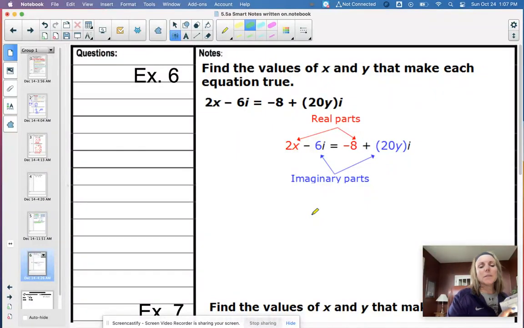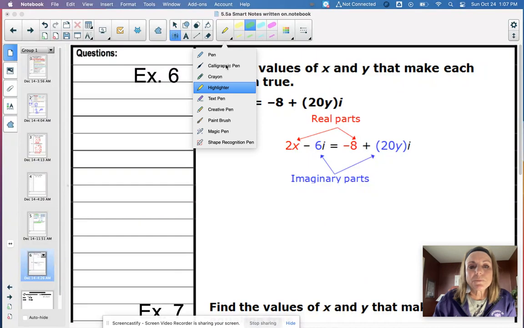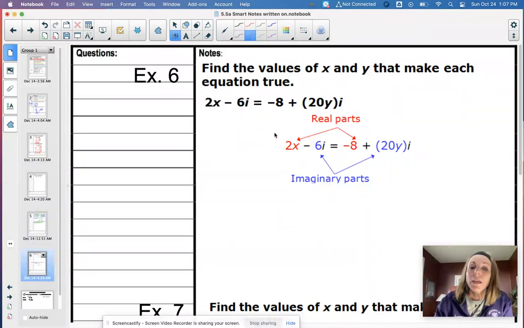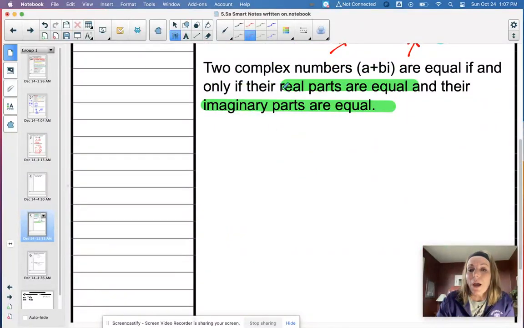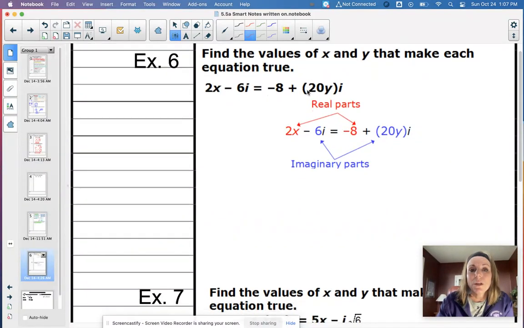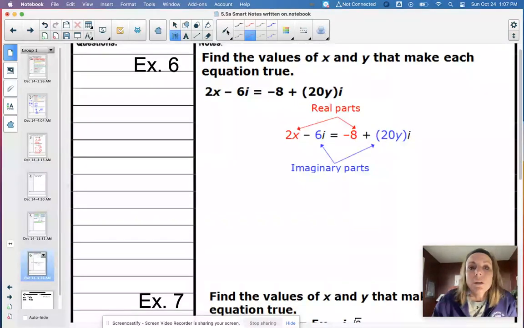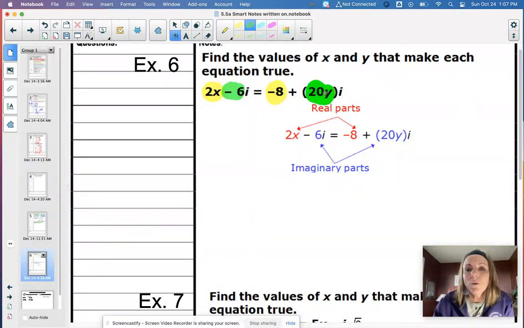Example 6. Find the values of x and y that make each equation true. Okay. Well, let's go back a minute. Right here, we're going to use this. Two complex numbers are equal if and only if their real parts are equal and their imaginary parts are equal. So here are the real parts, and the imaginary part is the -6 and the 20y.